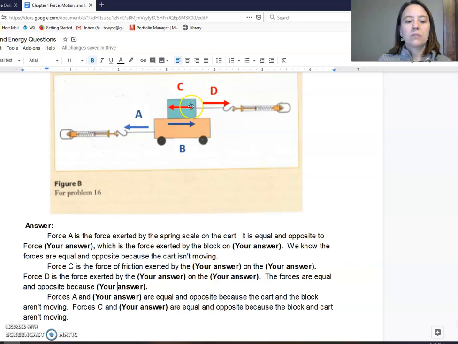Well, we already talked about C and D being opposite, so what other force is opposite to C? We know that these forces have to be equal and opposite because the block isn't moving in relation to the cart or the spring scale, and the cart isn't moving in relation to the spring scale or the block.